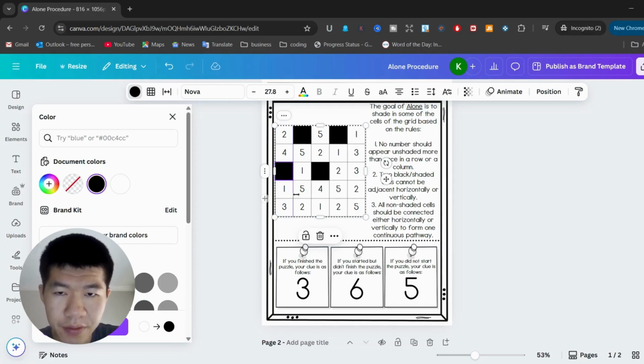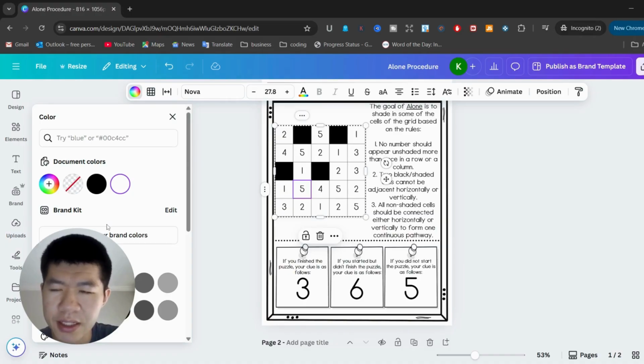If I move on to the next row, I see there are two fives here and here, and I also see a five and a five here. One of these fives needs to be shaded in. I'm going to say this one should be shaded in.